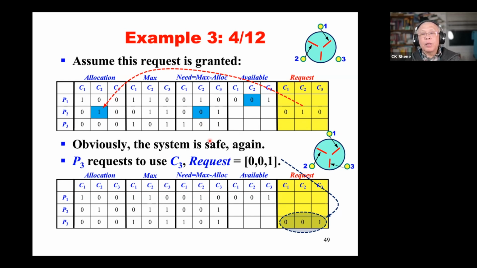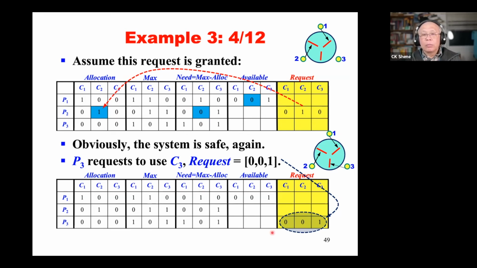The safe sequence would be P2, it could be run, and P2 returns 1, then you could run P1 and followed by P3. Please verify this. Therefore, P1 and P2 have their chopsticks. Now, after P1's left request and P2's left request, P3 wants to use his left, C3.